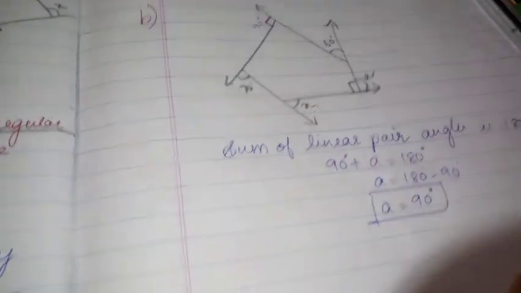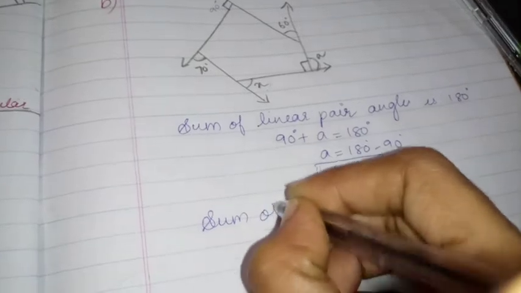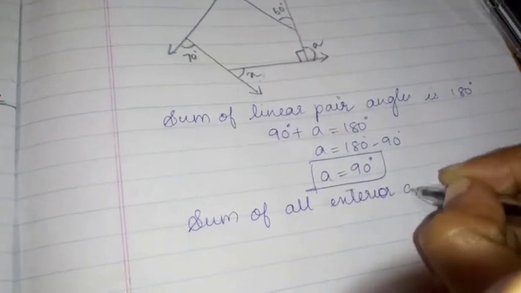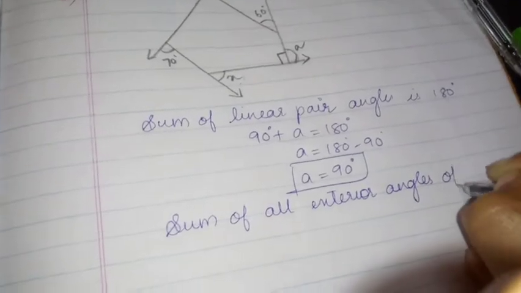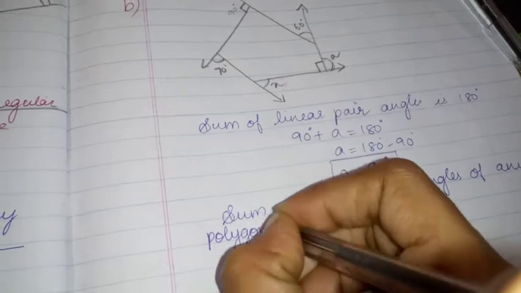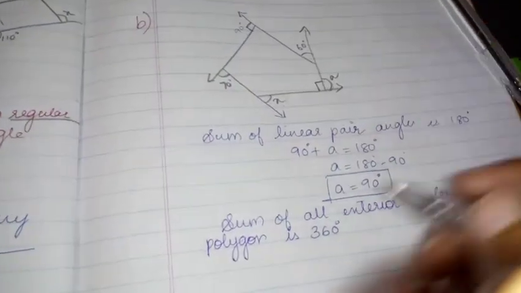This is x. So shall we write this property? Sum of all exterior angles of any polygon is 360. So shall I add all the exterior angles?